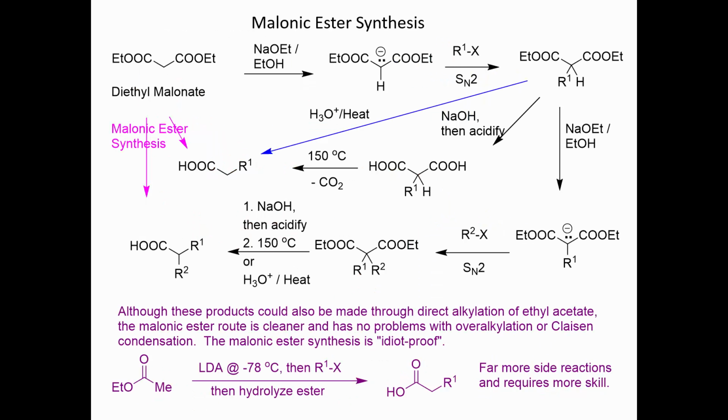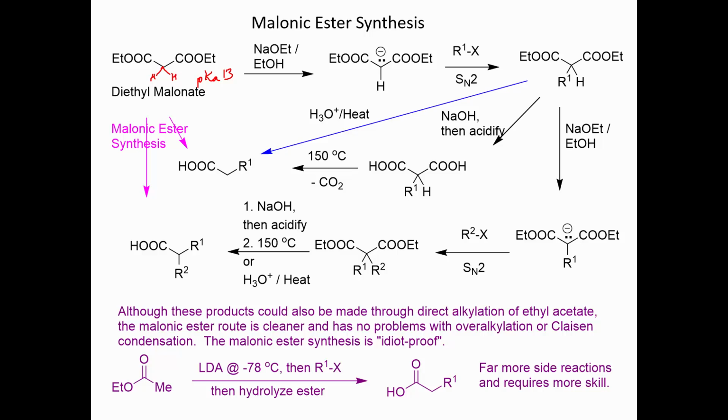Okay, there's an analogous procedure that makes carboxylic acids instead of ketones, and this is called the malonic ester synthesis. Okay, so this uses diethyl malonate. It's not quite as acidic. Its pKa is about 13, but it undergoes a similar series of steps. Okay, all right.